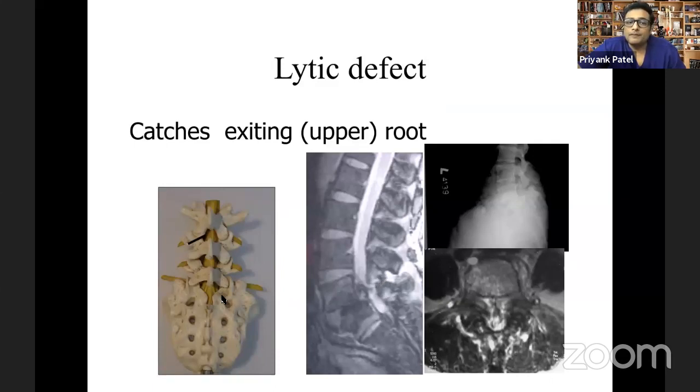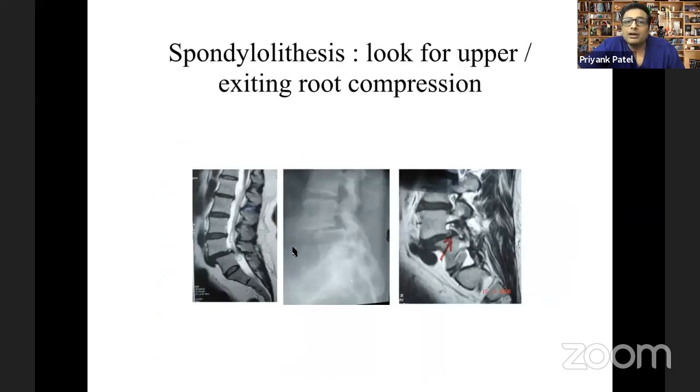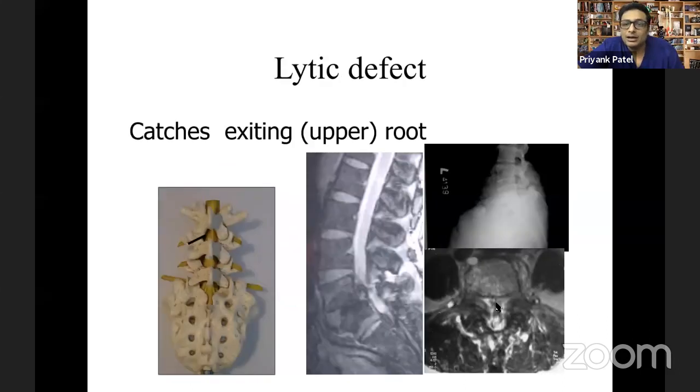One very important thing in lysis is, this is the pars when you look from the back, which is broken over here. Sometimes even in degenerative listhesis where the pars is intact, you can still have a shift. The difference between a degenerative and a lytic compression is that in lytic listhesis, the central canal is not a problem.